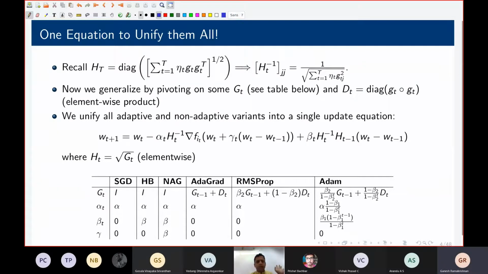One important thing to note is we are dealing largely with diagonal matrices. So whenever we do an inverse, we are basically dividing. We don't have to get intimidated by the inverse.